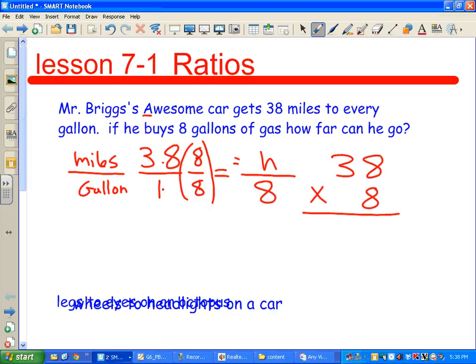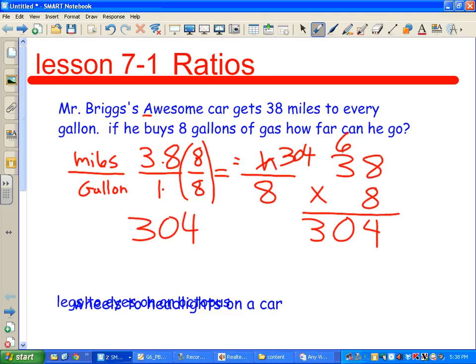Well, 8 times 8 is 64. That's right. 8 times 3 is 24 plus 6 gives me 30. So I can go 304 miles. And I'm going to invoke the Kessler rule.